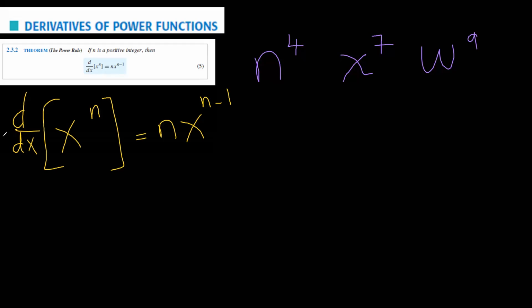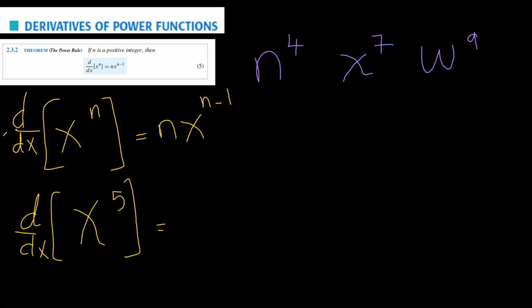What does it mean? That means if I ask you to find the derivative of x raised to the power 5, look at me now, step by step. Here I have 5. I will put this 5 here times x.